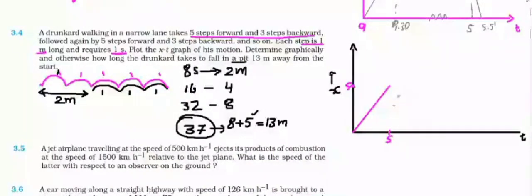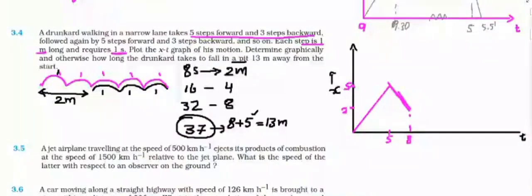Then next what happens? He travels 3 meter backward, straight line, okay. 3 meter backward, so that this point is 8, and here position will be 2.